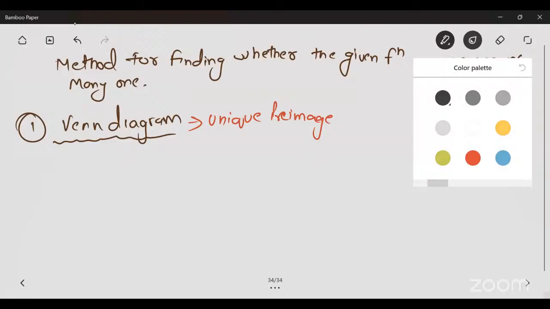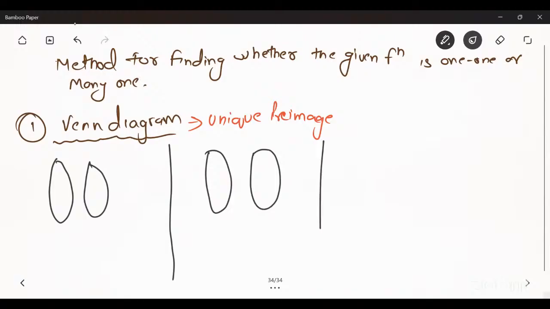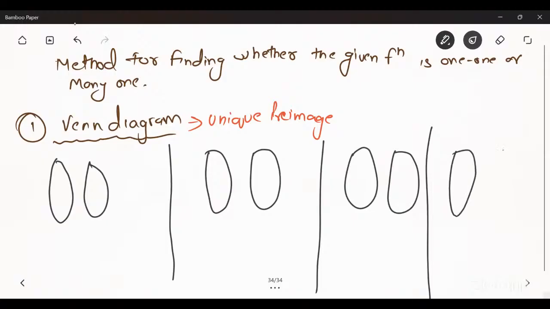Now I'm writing some examples. The elements are A, B, C, D and 1, 2, 3, 4.